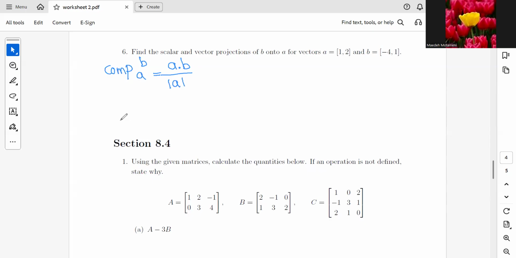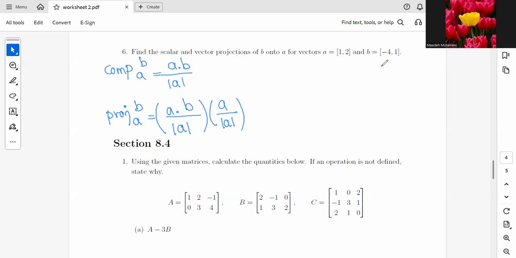And we also had another formula for the vector projection, which is a dot b over the length of a, times a over the length of a, which is the unit vector. So we're going to find these details.